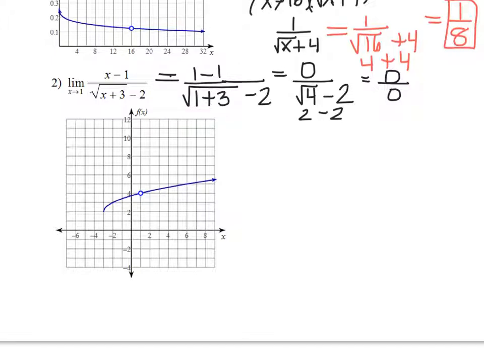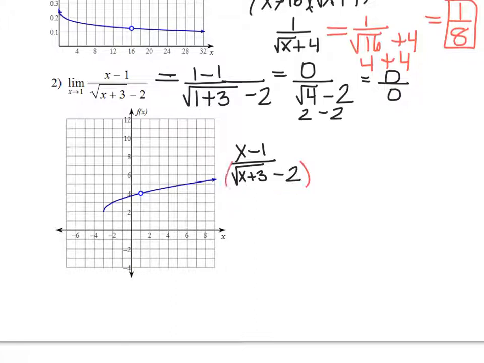So that means we're going to try to factor or use some sort of algebra to get us out of this. So it looks as though I have a radical in the denominator of a fraction, so I can actually use conjugates again. But this time I'm going to take the conjugate of the denominator. So what is the conjugate of radical x plus 3 minus 2?